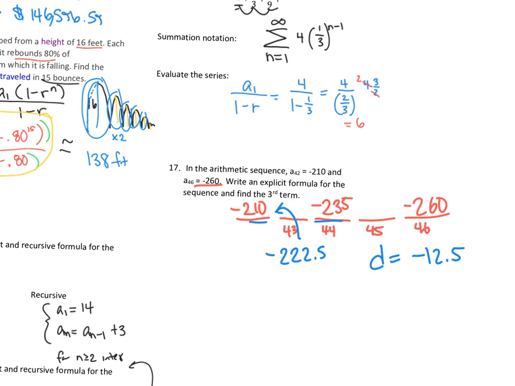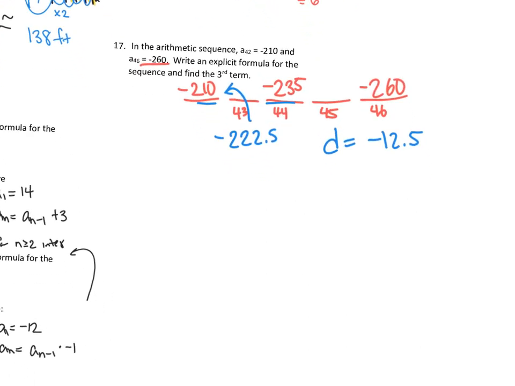So I still don't know the first term, but I can use the explicit formula, so I'm going to write that down, n-1 times d, and fill in what I know. So I know that the 42nd term, so a sub 42 is -210.